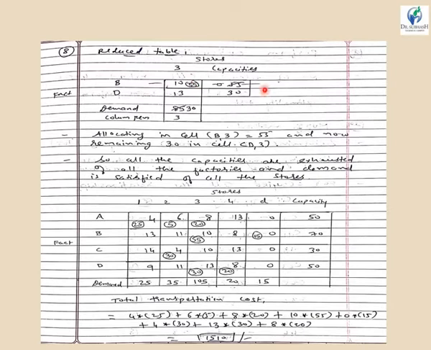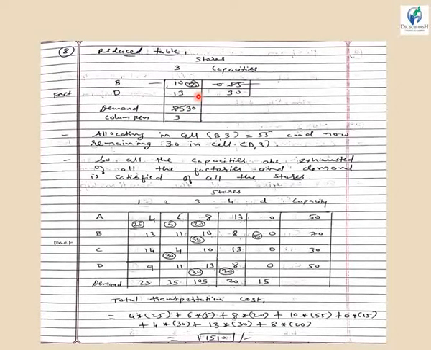Now you can see factory B's capacity is exhausted, so it will become 0. Deleting that row, now only one factory will remain with supply capacity of 30 and store 3's requirement is also 30. So allocating 30 over here.